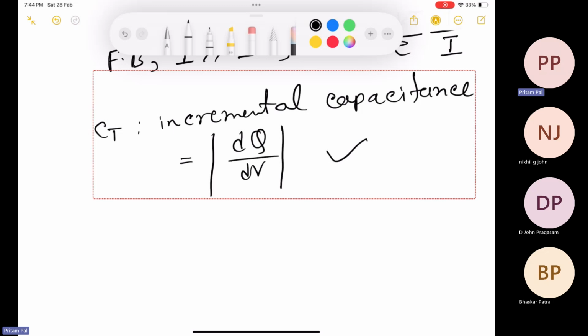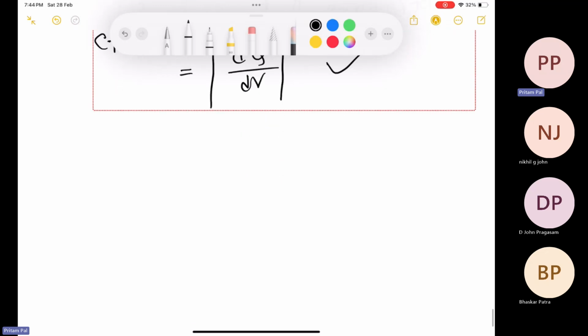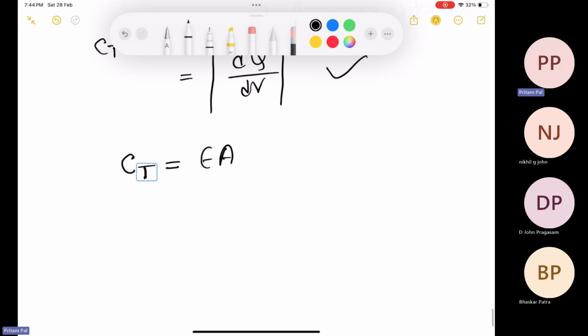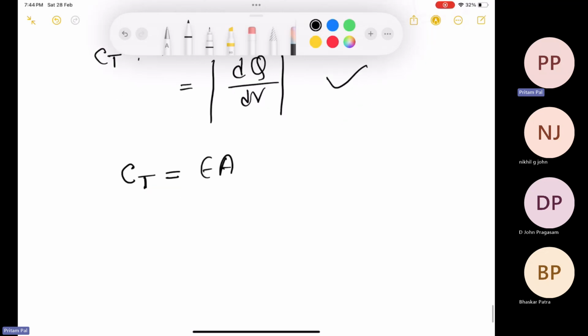I'll simply write it actually. So the final expression, probably this, and you can use this for the exam. There is a long derivation, I'm not going into this.